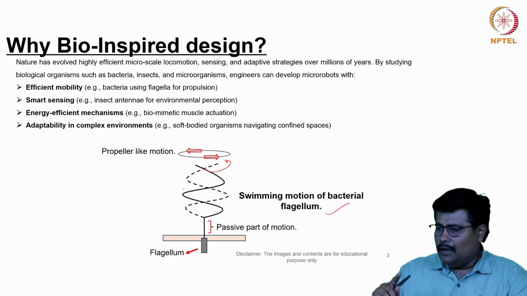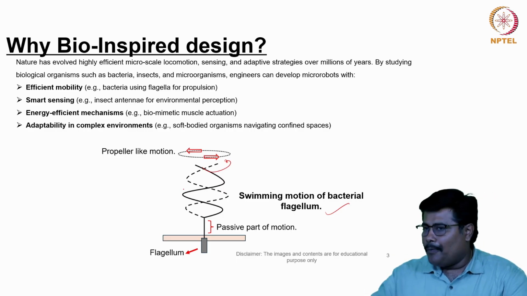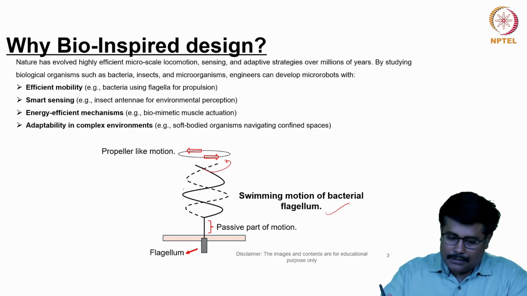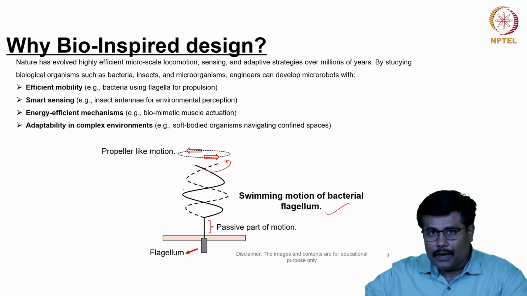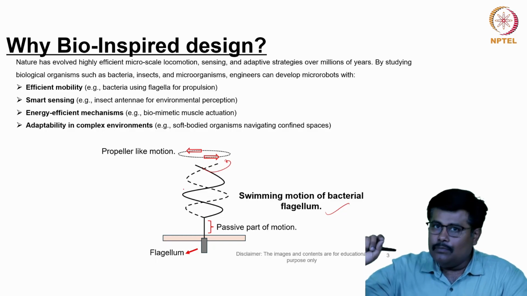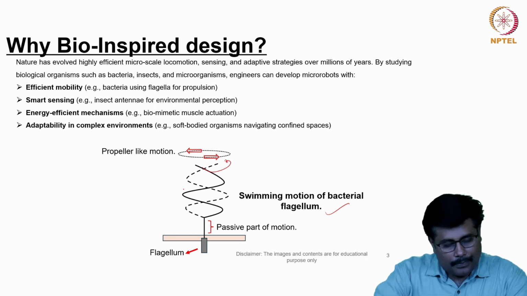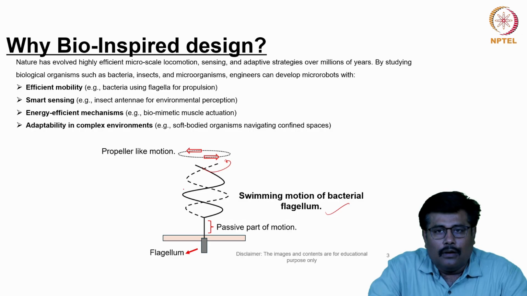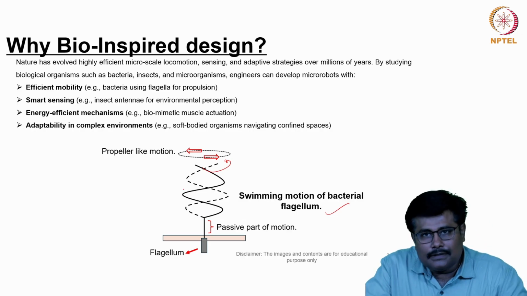This vortex motion helps with appropriate locomotion. When this vortex motion is generated, it makes the body move in one direction, or sometimes it helps the targeted system to propel in a particular direction. We will discuss in detail the different types of propulsion exhibited by this flagella-based system.